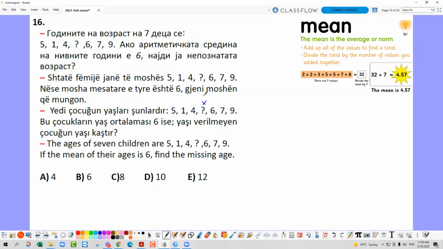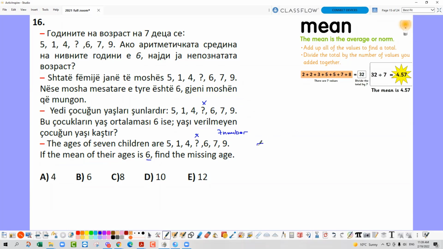If I name this one X, we have 7 numbers here, and it is asking what is the mean. The mean of their ages is equal to 6. And here is the way to find the mean: add the numbers, then divide by the total number. How many numbers are there here? 7 numbers.